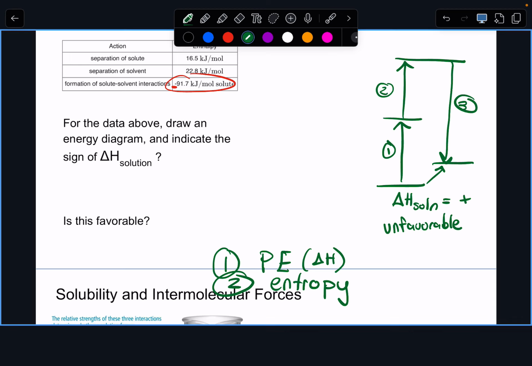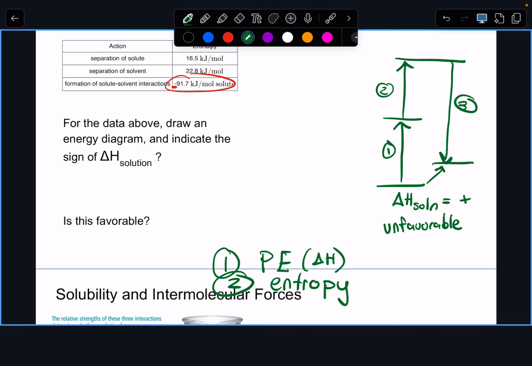Okay, so these two things and the balance between these two things is what decides whether anything will happen in the universe. With gravity, entropy is always unfavorable, so we always have to rely on potential energy to dictate whether or not something's gonna fall, okay?